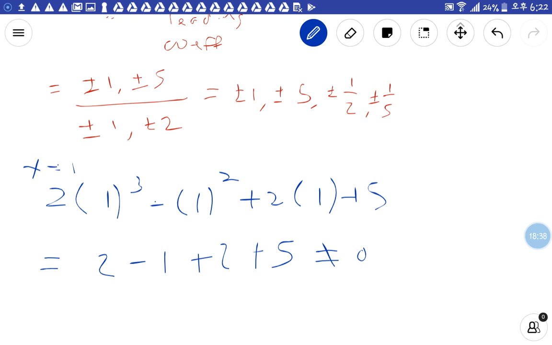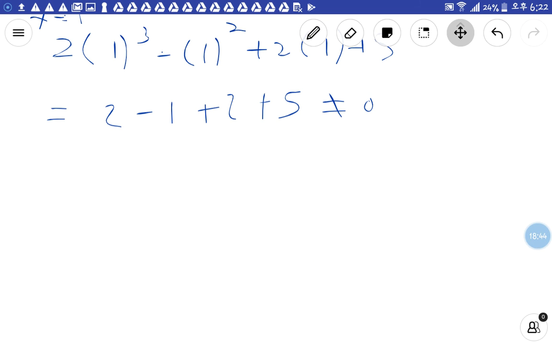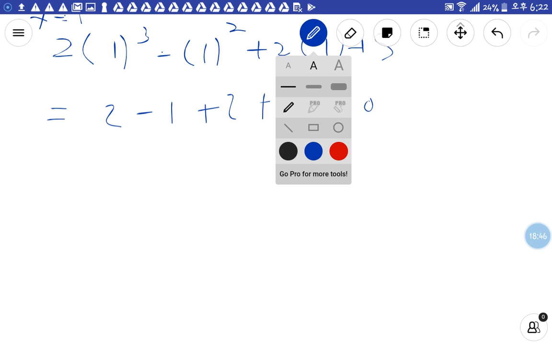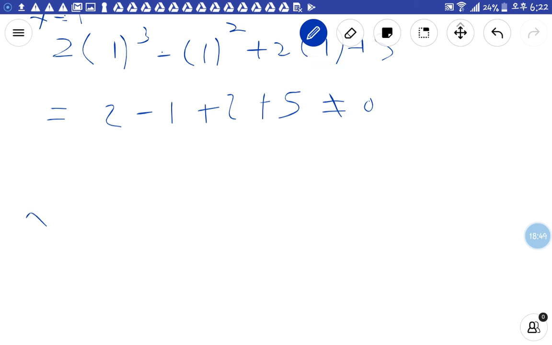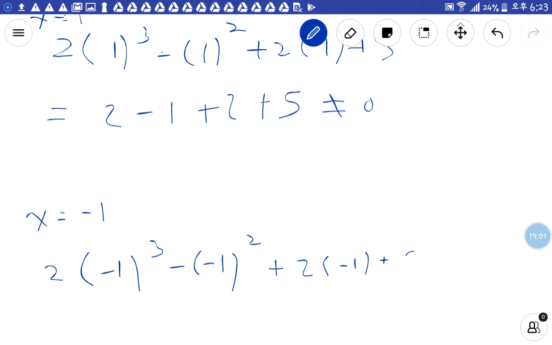So I cannot use x minus 1 this time. It doesn't really work. What about x plus 1 this time? I'm going to use negative 1. So 2 times negative 1 cubed minus negative 1 squared plus 2 times negative 1 plus 5.